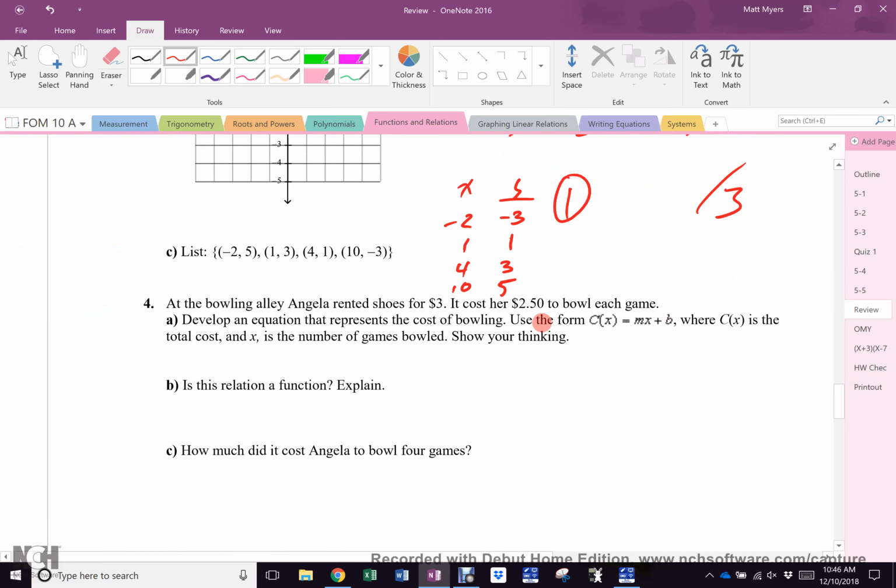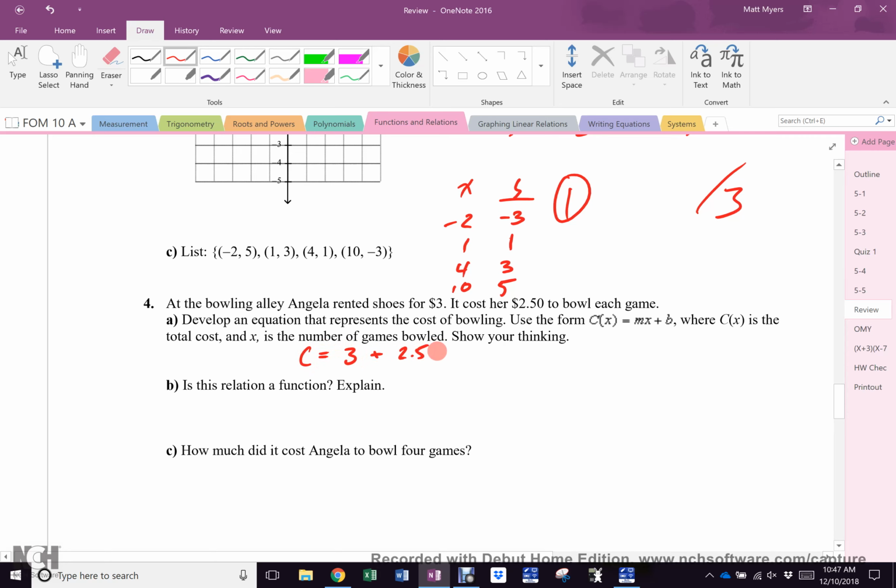Okay. What's the equation? How much does it cost her to rent the shoes? How much does she pay no matter how much bowling she does? $3. Absolutely correct. So the cost when she walks in the door is $3, plus how much? 2.5 per game.